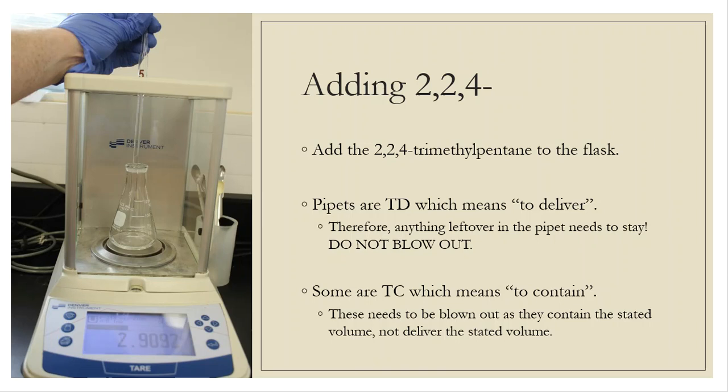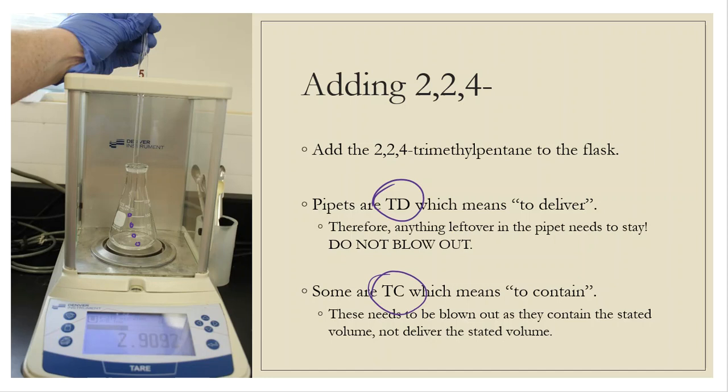All right. Now, a couple of things that I want you to take away with a volumetric pipette. You will see 2 stamps on them. One is TD and one is TC. The ones that we have are TDs. TD stands for to deliver. So when you release the suction on the volumetric pipette and you allow this liquid to drain into the Erlenmeyer flask, TD pipettes are going to deliver the amount that is stamped on the pipette, which means you do not blow them out.